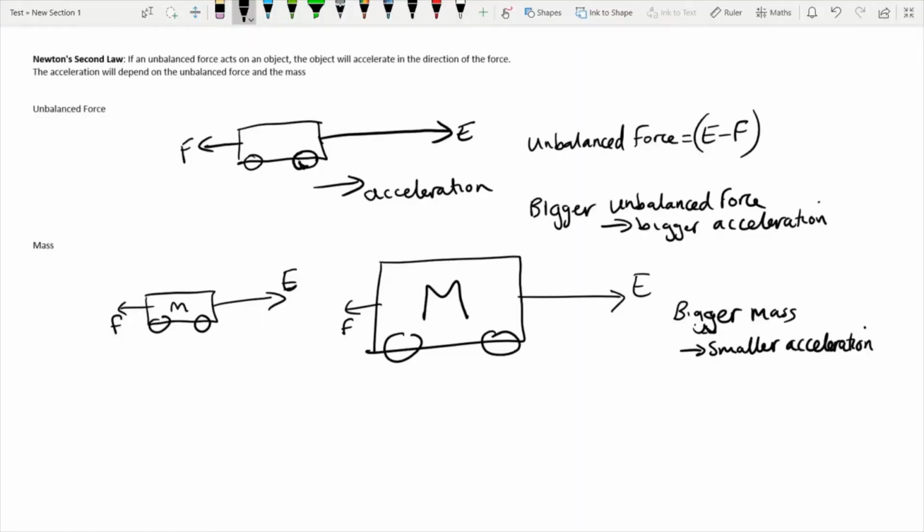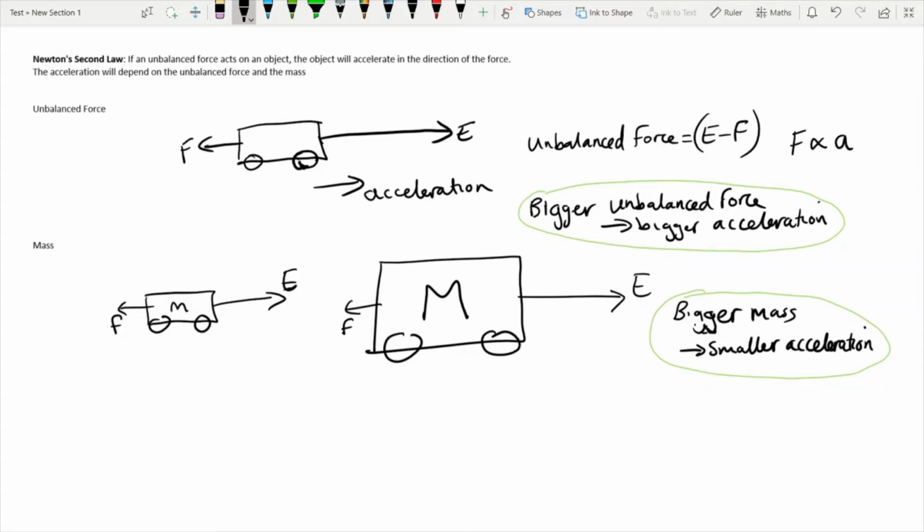Okay, so we said the bigger the force, the bigger the acceleration, and we said the bigger the mass, the smaller the acceleration. So that means the force is proportional to the acceleration. As one goes up, the other goes up. So force is proportional, that sign is proportional, to acceleration.